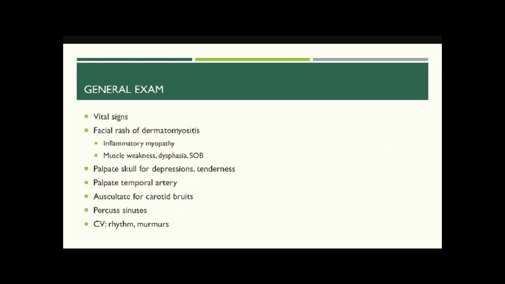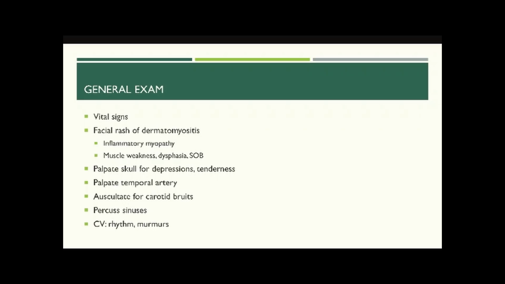General exam, vital signs, look for a facial rash, dermatomyositis, a heliotrope, a butterfly rash on the face. Palpate the skull, again, looking for any trauma to the skull. Temporal artery, what are you worried about with that one? Giant cell arteritis, so you palpate that as well. Carotid bruits, what are you listening for with a bruit?